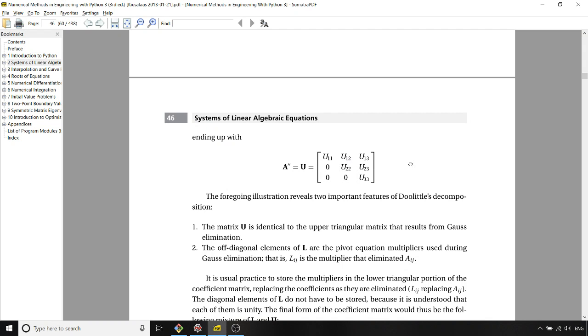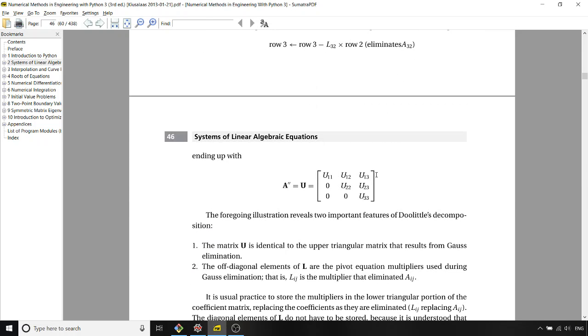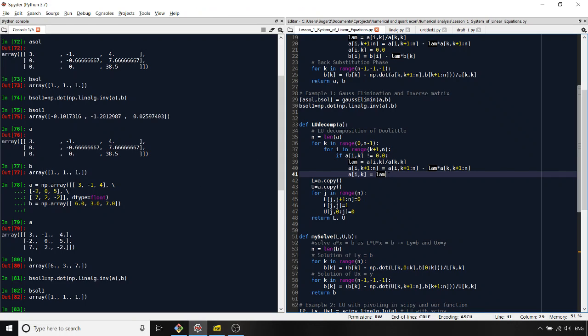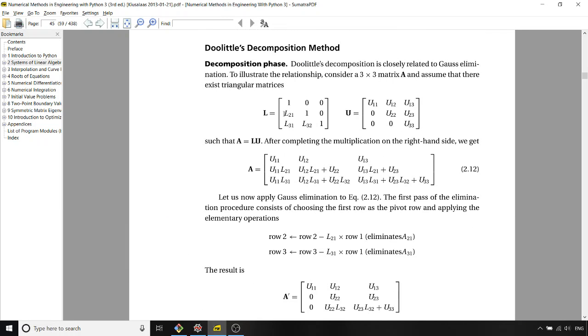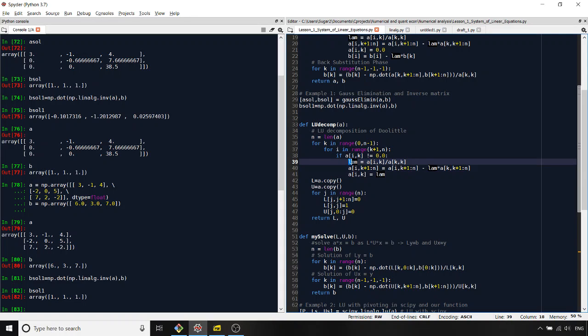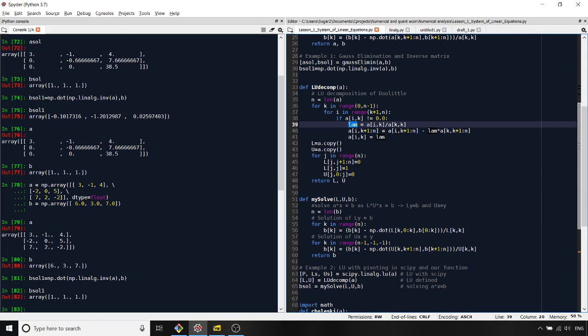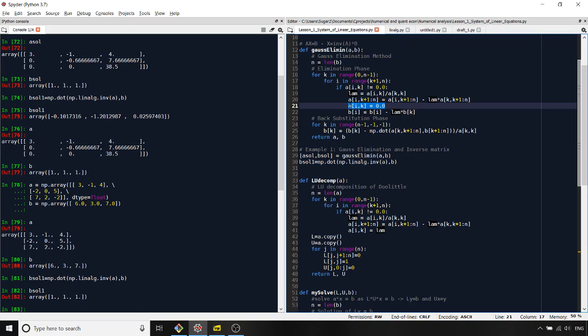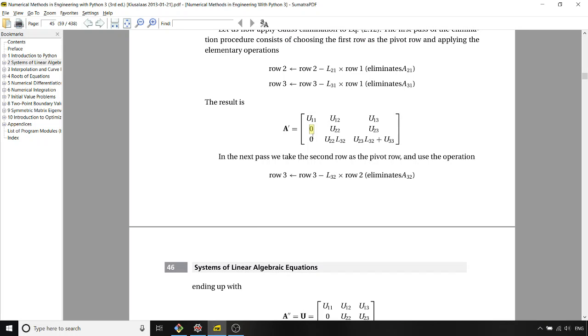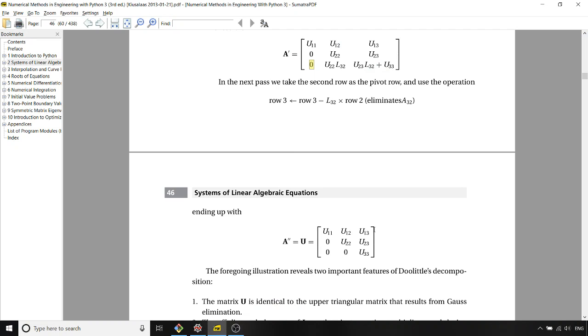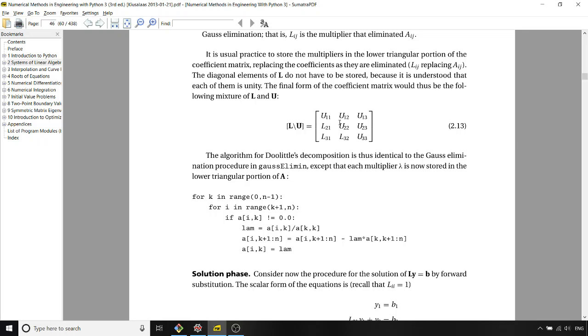We do this Gauss elimination method, and the resulting Gauss matrix, which is upper triangular, is the upper triangular matrix of Doolittle LU decomposition. The lower triangular matrix will be the multipliers. If you remember from the previous Gauss elimination method, the multiplier is here. Then instead of setting these values to 0, we just put our multipliers there, like this. So the resulting function will be like this.